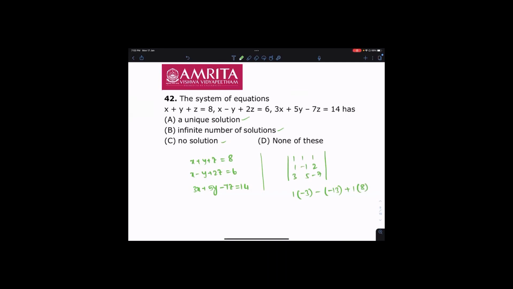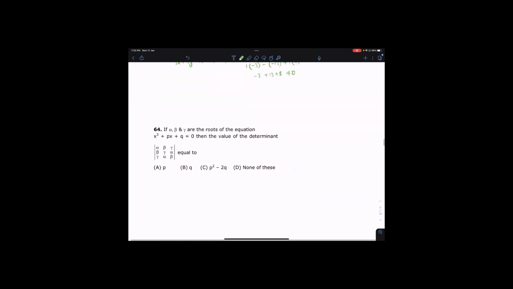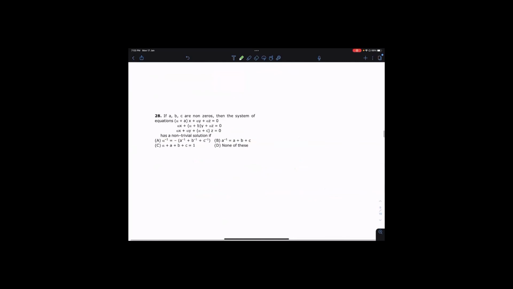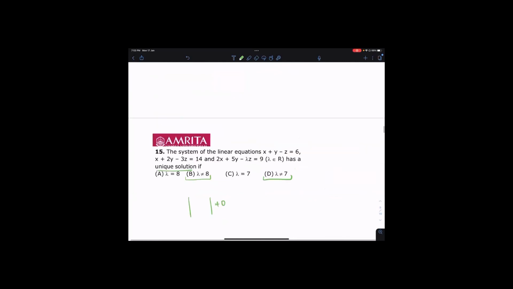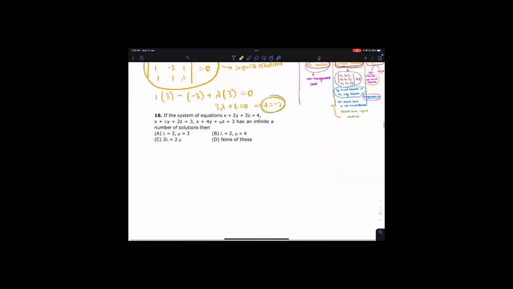So what are we getting? Minus 3 plus 13 plus 8. I think it is not 0, so unique solution directly you can say. Even if the delta becomes 0, let us take this example. This one is easy only. This is also easy.